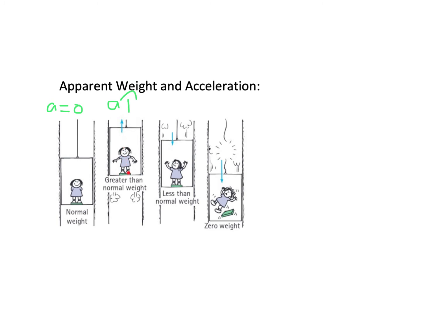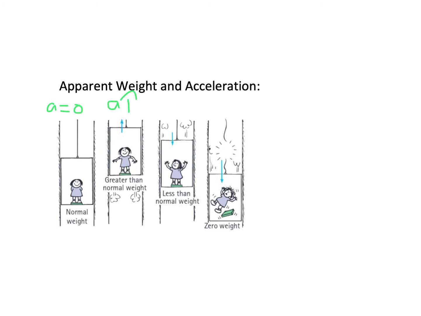And so what's going to happen is the scale reading is going to increase because it's got to push with enough force to hold your weight up, and then it has to push with an additional force to accelerate you, because for you to be accelerated takes a force too. And so the bathroom scale reading, if the elevator is accelerating upwards, is going to be a greater reading.